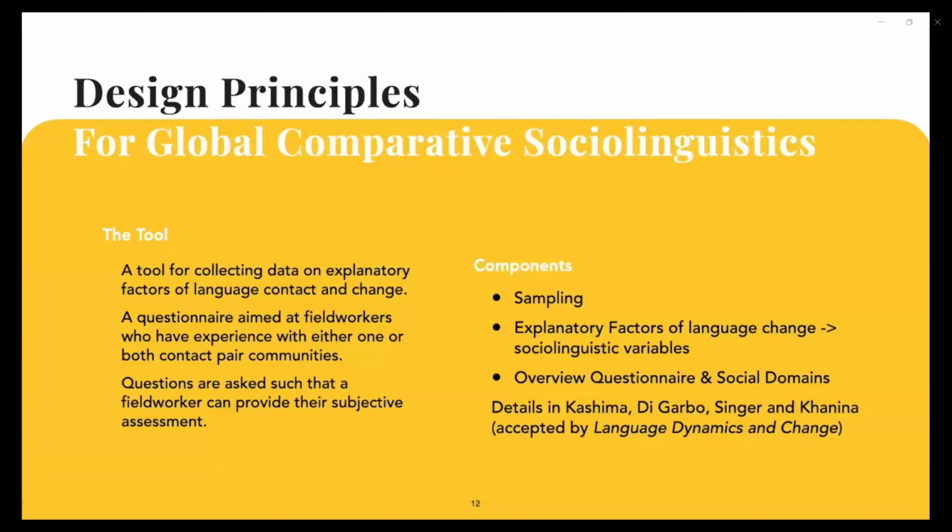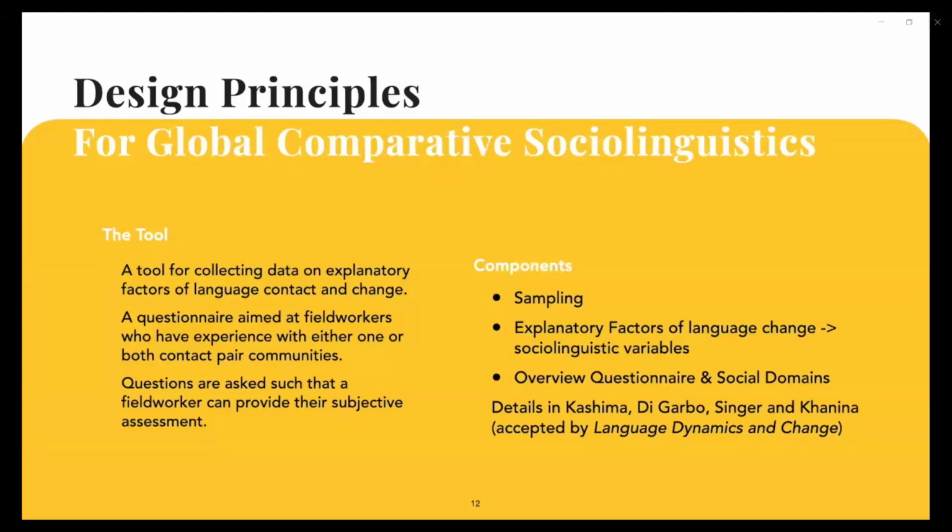In order to get at the sociolinguistic factors that have been hypothesized or suggested as relevant in the linguistics literature, and to collect data on a number of these things, we designed a questionnaire to elicit this data for various communities in different parts of the world.